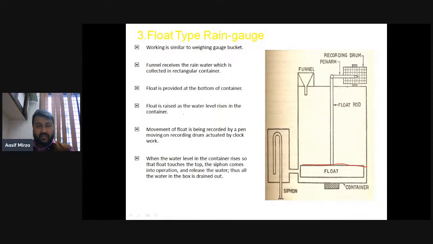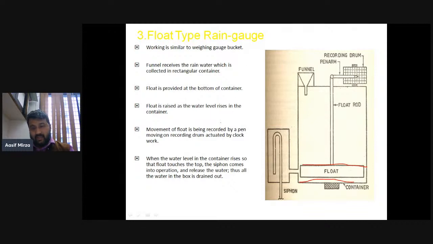Now the float is raised as the water level rises in the container. The movement of the float is recorded by a pen moving on a recording drum actuated by clockwork. When the water level in the container rises so that the float touches the top, the siphon comes into operation and releases the water. Thus, all the water in the box is drained out.